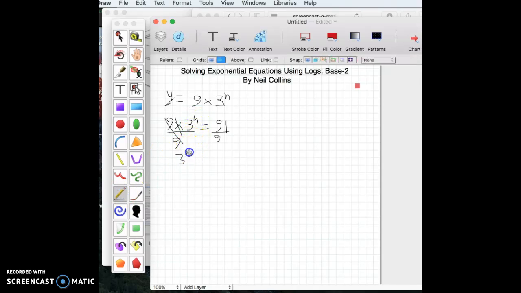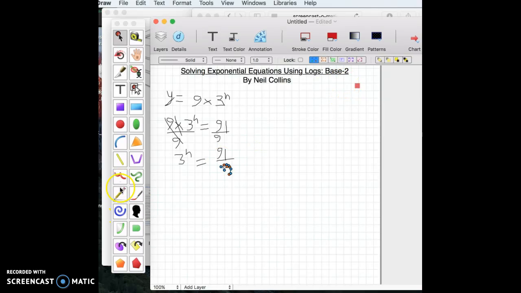3 to the h equals 91 over 9. Perfect. So that's the form we want our equation in for now.